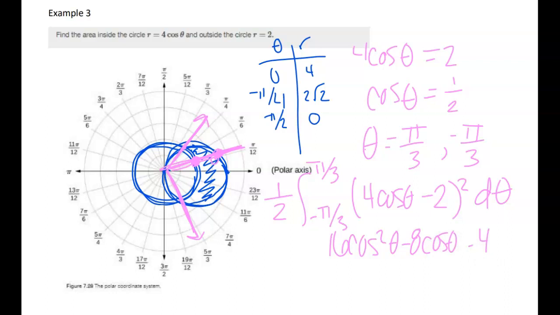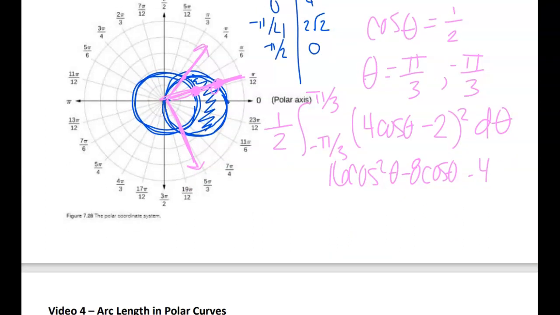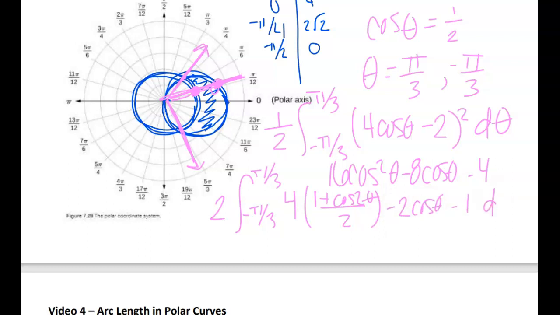Let's take a 4 out of all of that mess and divide by 2. So I'm going to have 2 integral from negative pi over 3 to pi over 3 of 4 times 1 plus cosine 2 theta over 2 minus 2 cosine theta plus 1 d theta.